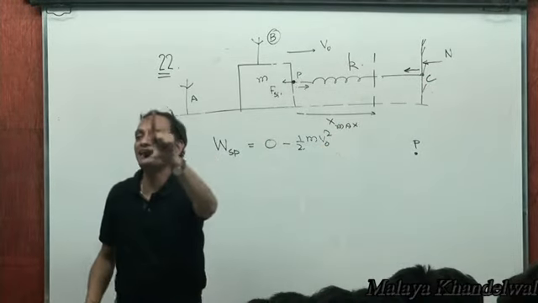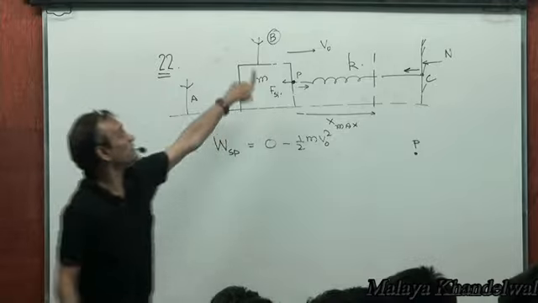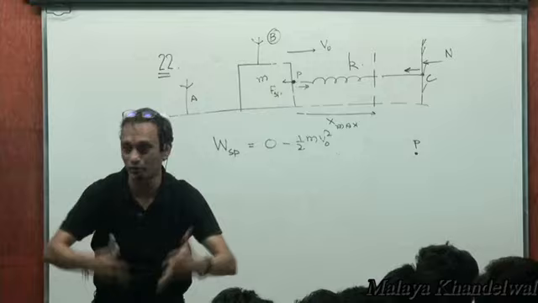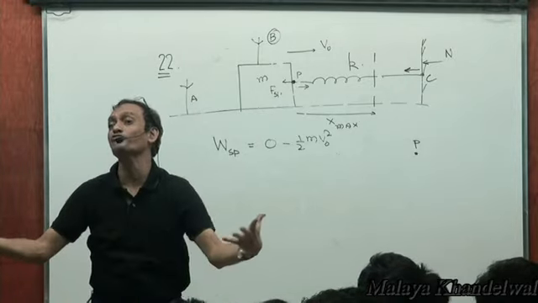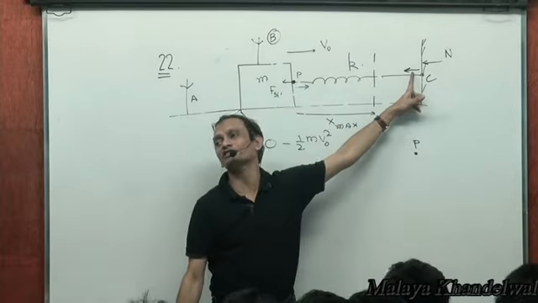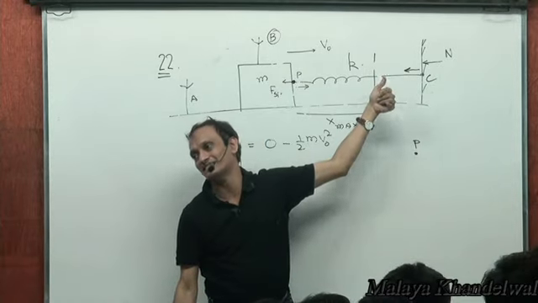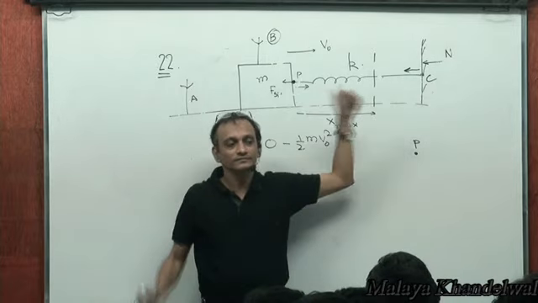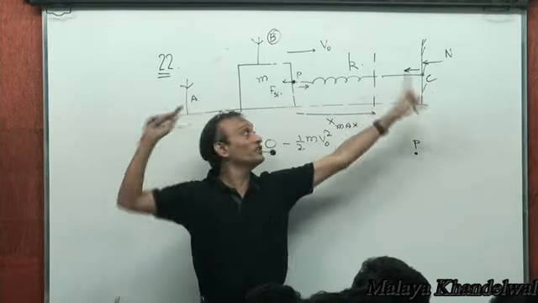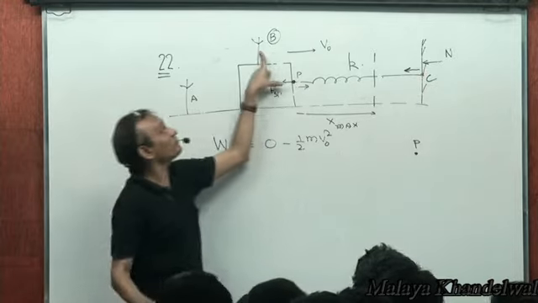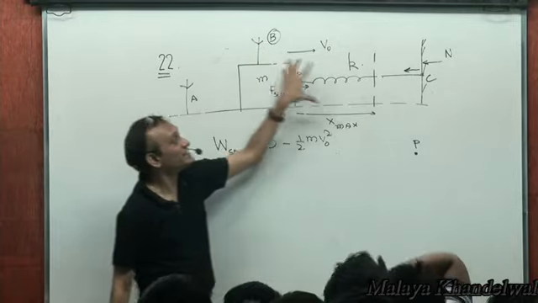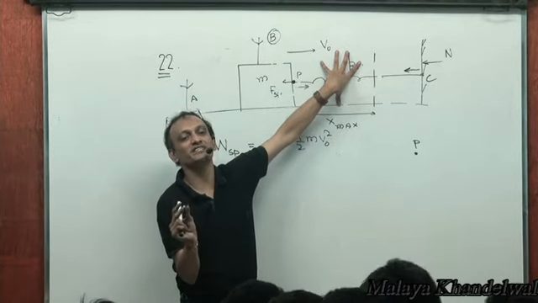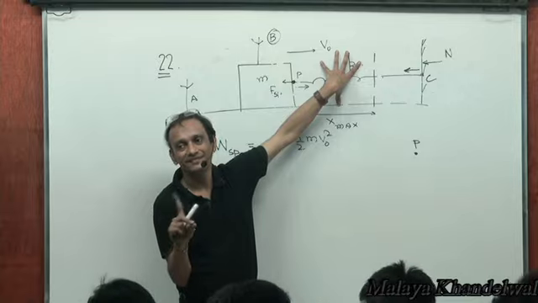It's the work done by N perceived by B, which is adding to the potential energy of the spring. The potential energy in the spring is coming out of work done by the normal reaction the wall exerts on the spring at C. Do you understand this fact? Right? So work done by N in a frame of reference attached to B is half kx squared, the maximum elastic potential energy in the spring. Right?